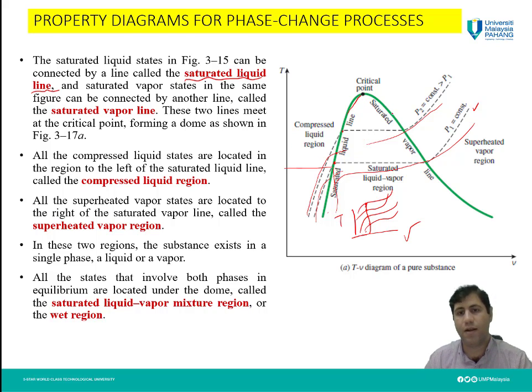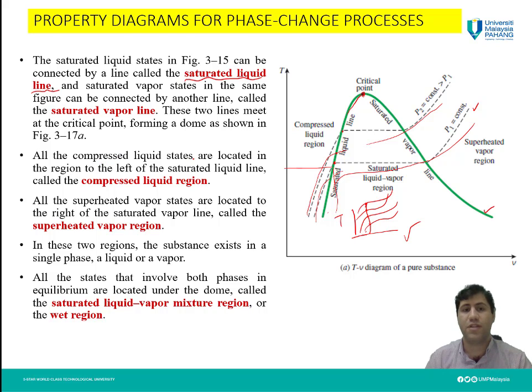And we have a similar line which we call the saturated vapor line, which connects the saturated vapor states for different pressures. So this is the saturated vapor line, and this is the saturated liquid line. And you know about the critical point, the point where the saturated vapor and saturated liquid states meet.